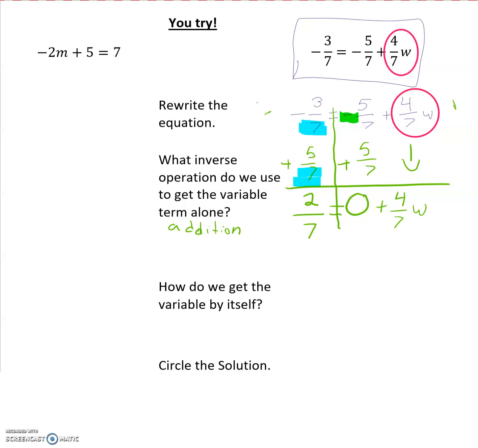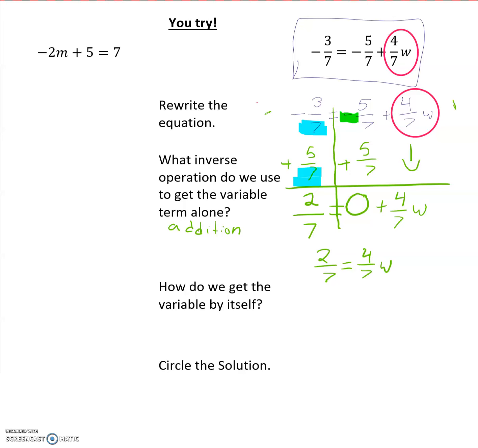I'm going to rewrite that equation without the 0 because we don't really need it. If you want to keep it there, you can. Now, how do we get rid of this 4/7? This 4/7 is attached to our W, and we really don't want it there. What does a fraction represent? A fraction represents division, and division we want to multiply to get rid of, right?